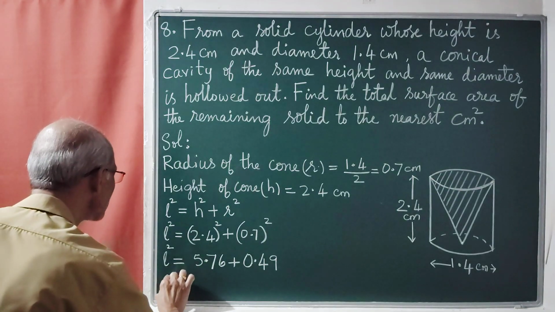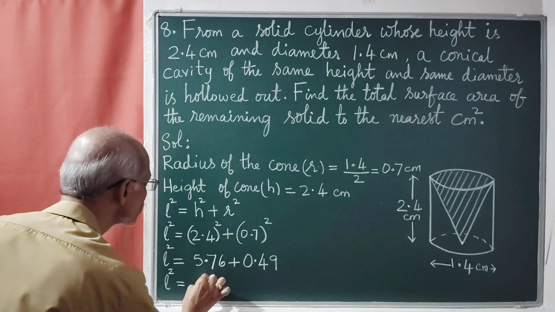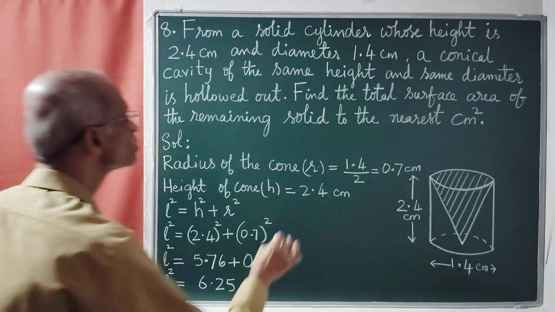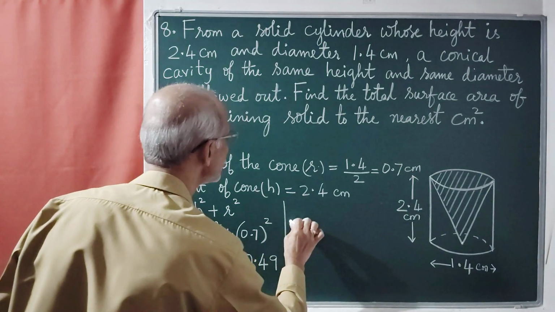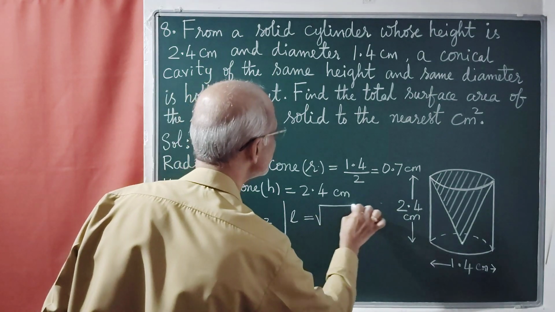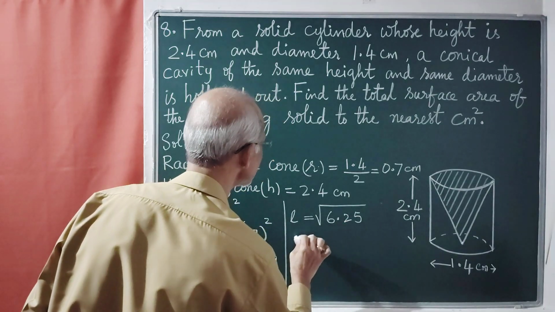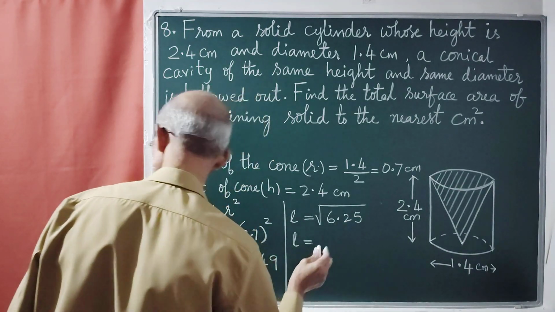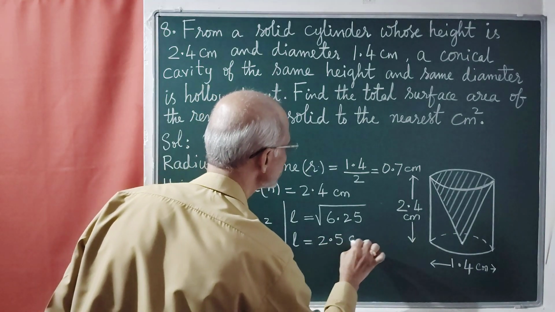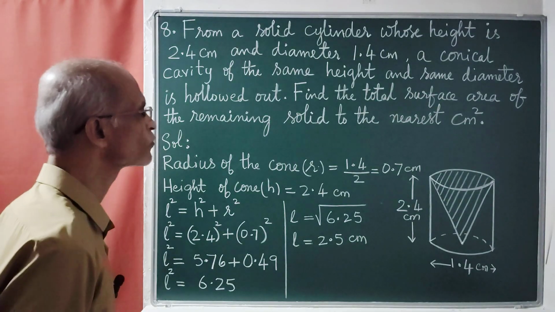So L square is equal to 6.25. So L is equal to root of 6.25. So L will be equal to 2.5 centimeters. So the slant height of the cone is 2.5 centimeters.